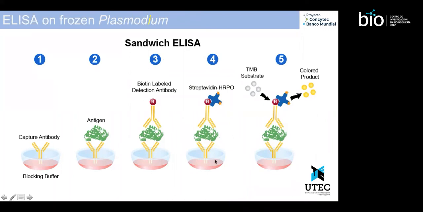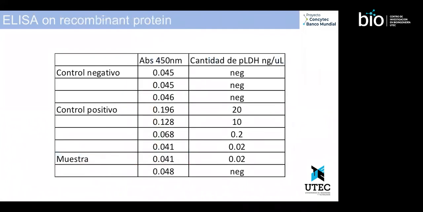So Rocio, who's also in this talk, has done some measurements on recombinant material and monoclonal antibody just to test the detection limits, negative controls and positive controls for the ELISA system. You can only go to 0.02 concentration for detection limit.